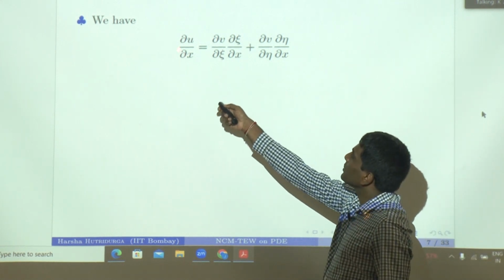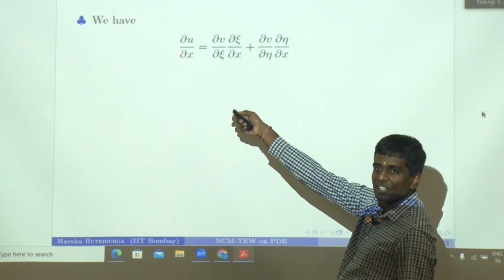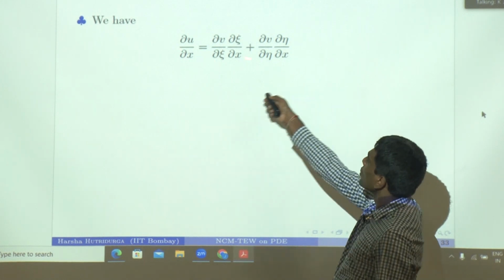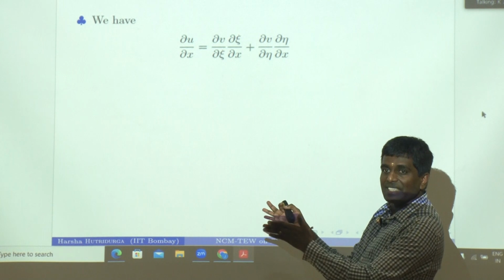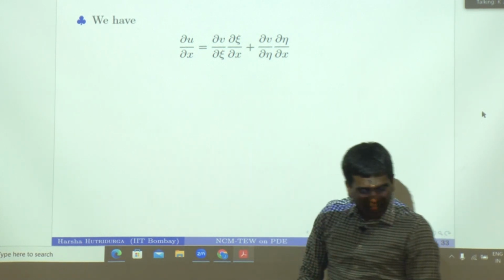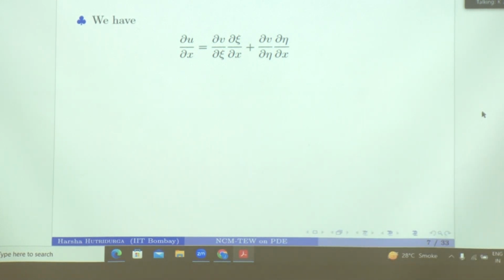First let us compute the first order partial derivatives of u in the x variable, and this is just chain rule or composition rule, whatever it's called, because u of x comma t is v of psi eta, and psi and eta are related to x and t.